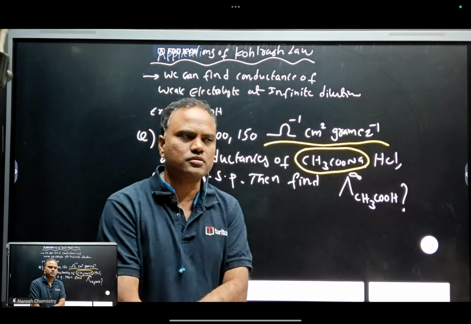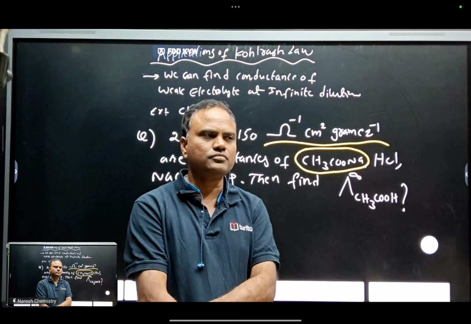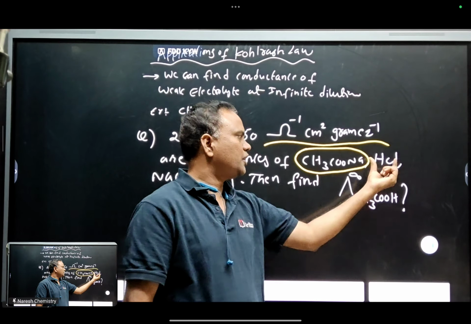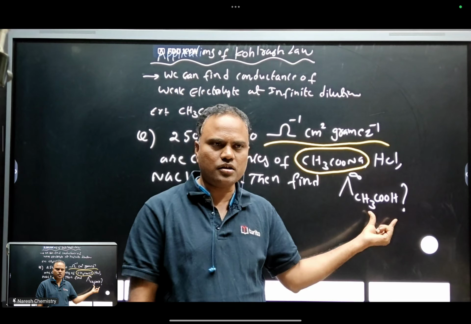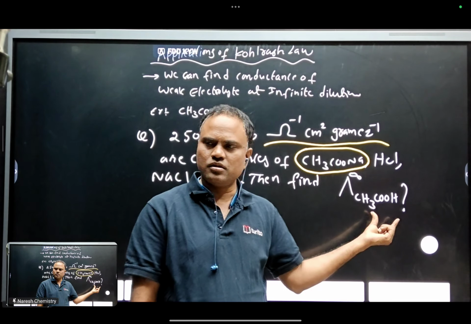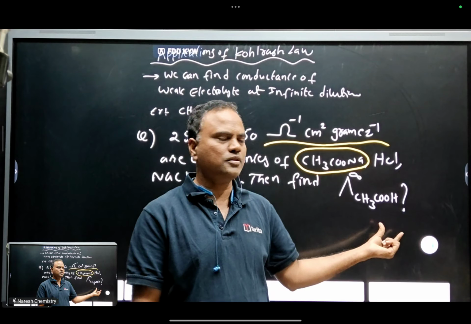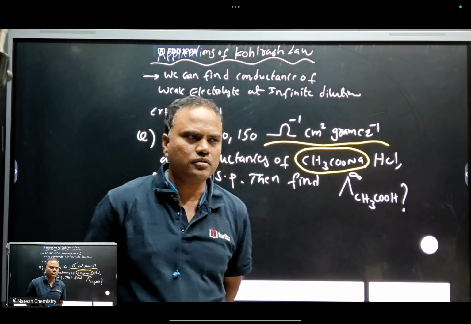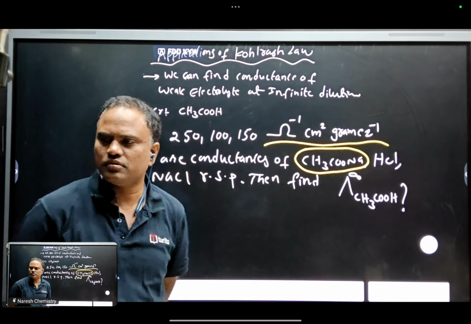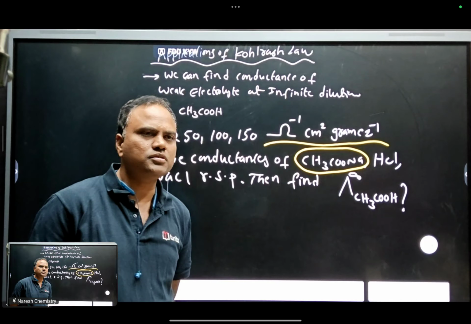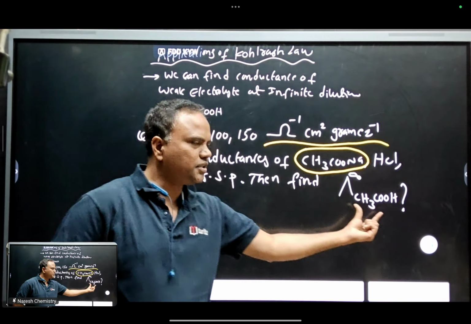HCl, what is the common ion? H plus. Here, H plus is there or not? There. CH3COO minus and H plus. Yes. HCl also having common ion. What about NaCl? Is Na present in this?